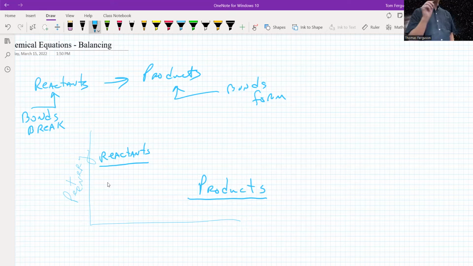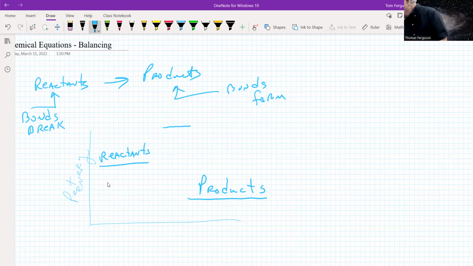Now, the route to go from reactants to products, however, goes through a much higher potential energy. And that's because the bonds are being broken, which is not stable, energy is being applied, and all this stuff. So it gets to be a very unstable state.